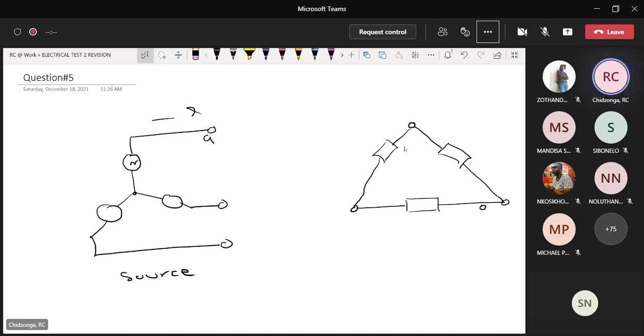This is A, this is B, this is C. This is A, this is B, this is C. So we connect up our load like that. And now we have to connect the source to the load.